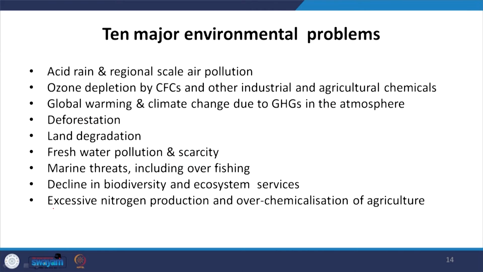Then 10 major environmental problems being faced by the different countries. First is acid rain and regional scale air pollution. So, air pollution is the major problem, and that air pollution create a public bad product, like global temperature may increase due to the CO2 emission.